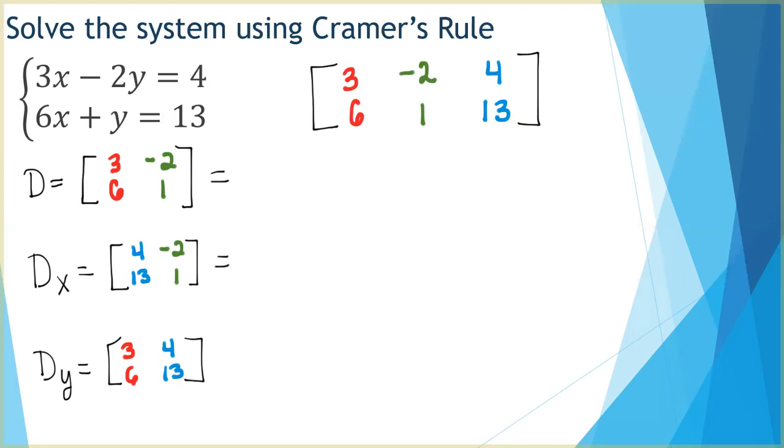So when I find my determinant, remember we're multiplying a diagonal, so we're going to multiply these two.